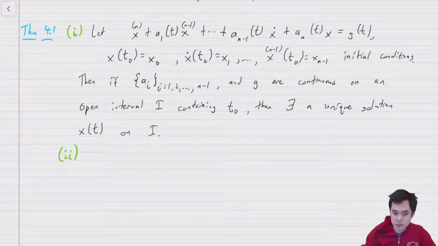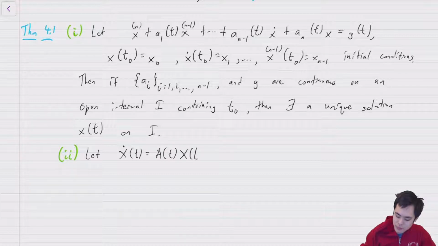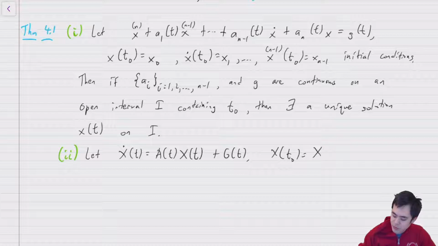And similarly, there's something comparable for systems of first-order ODEs. So x dot(t) equal to A(t) x(t) plus g(t), and we have x(t0) equal to some vector x0, initial conditions.